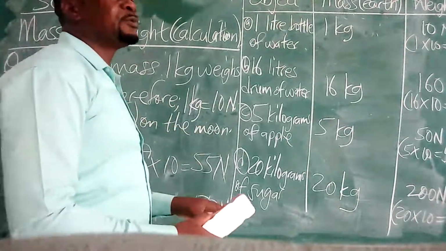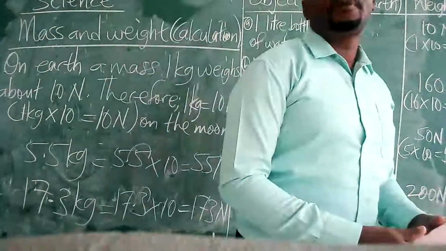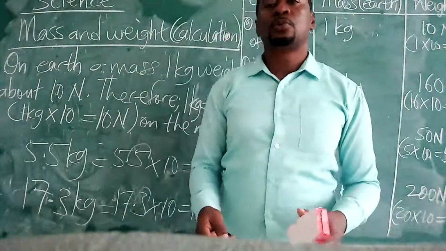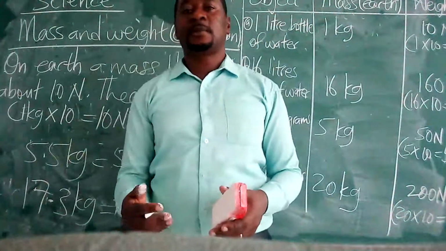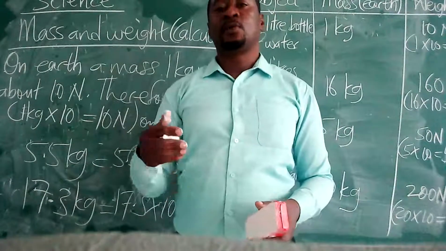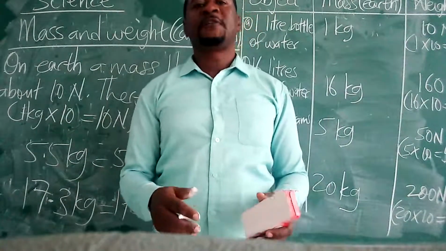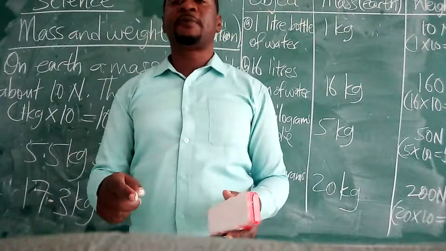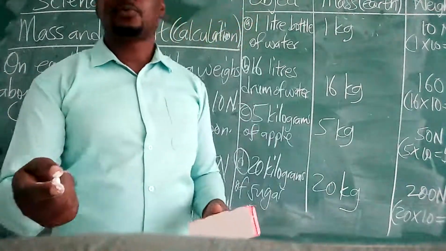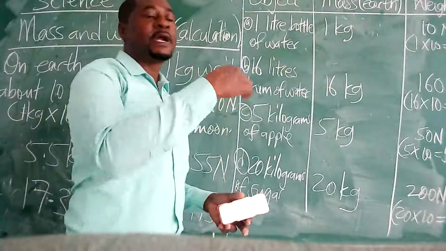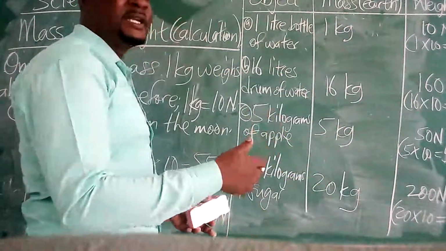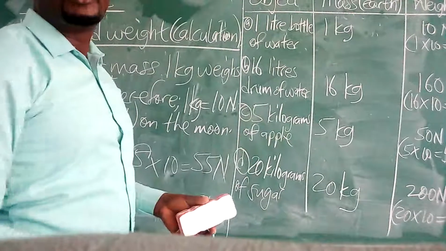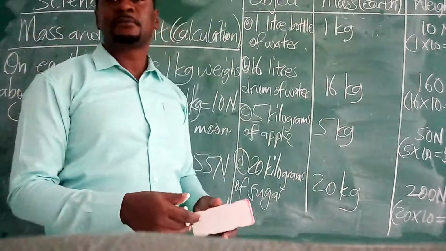So what you do is, if the number is given to you, multiply the number by 10 and you get the weight on the moon. If it is a decimal number, you just move the decimal point 1 on your right and you get the answer.